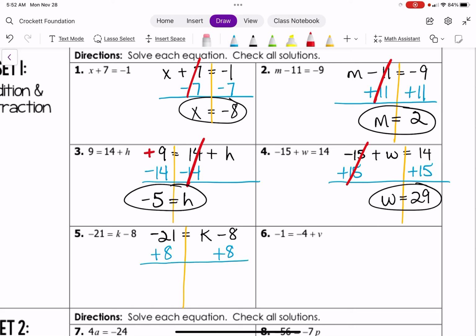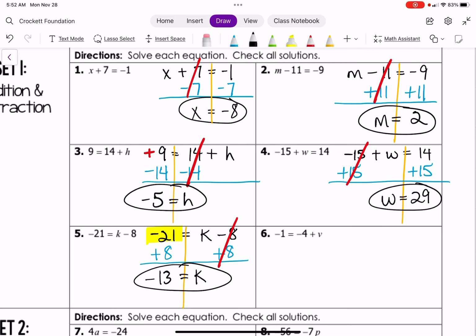By doing that, that gets rid of the 8's, and we're left with k equals. Now I have a negative 21 and a positive 8. Because the signs are different, we subtract. 21 minus 8 is 13. But what's the bigger number, the 21 or the 8? If you answered 21, you're correct, which means that our 13 needs to be negative.